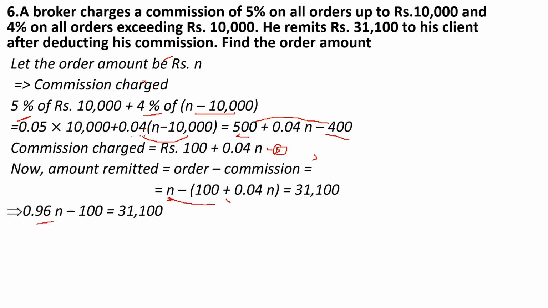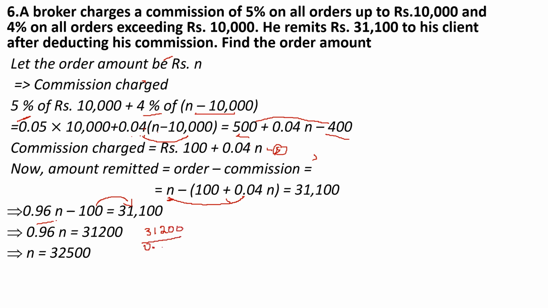So 0.96n minus 100 equal to 31,100, or 0.96n equal to 31,200, because 100 is added here, or n is equal to 31,200 divided by 0.96. This is equal to 32,500. Therefore, the total order amount is 32,500 rupees.